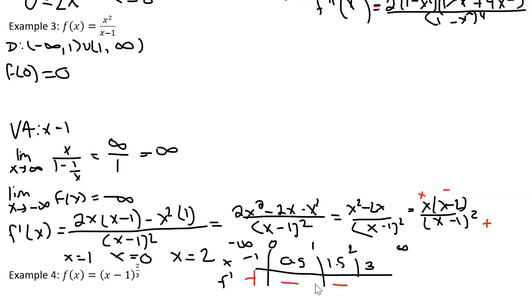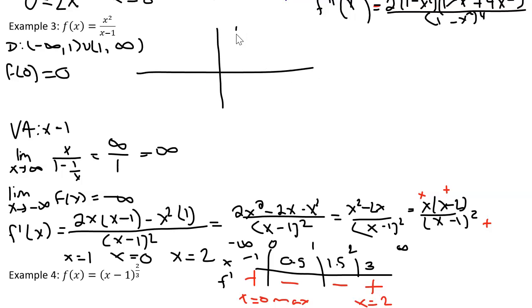We knew it was an asymptote, but this confirms it because the derivative does not change signs. Finally, plugging in 3, I get a positive. So now I know x equals 0 has to be a maximum, and x equals 2 has to be a minimum. Let's start putting these pieces on the graph.